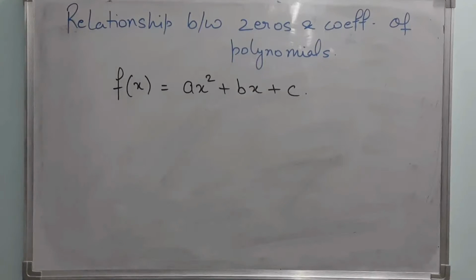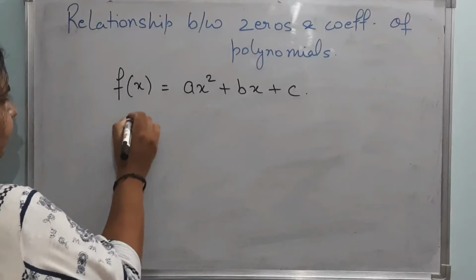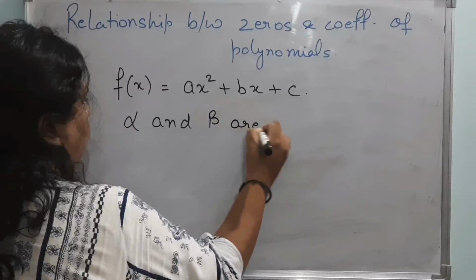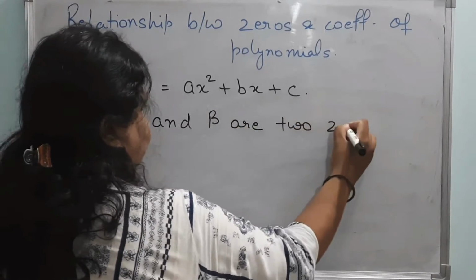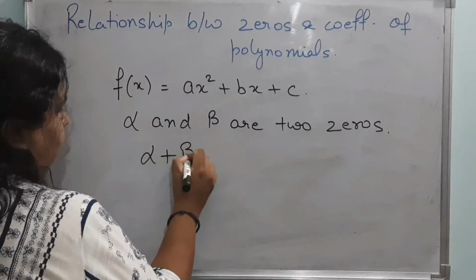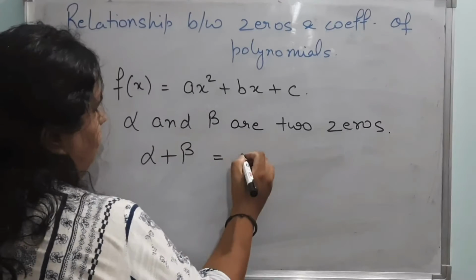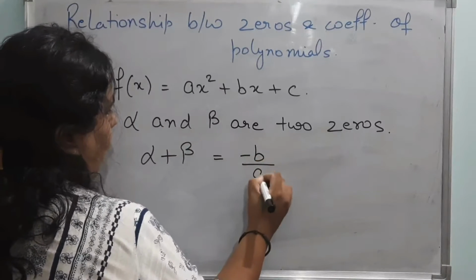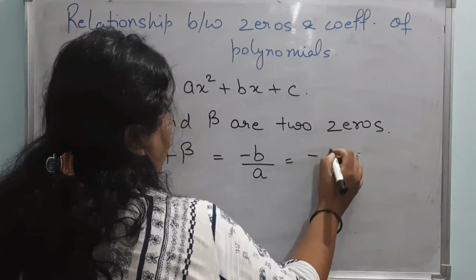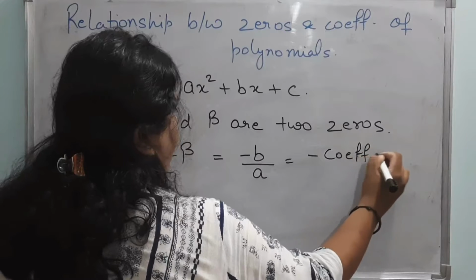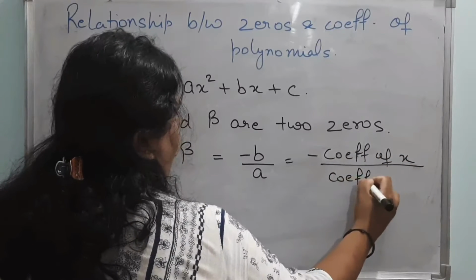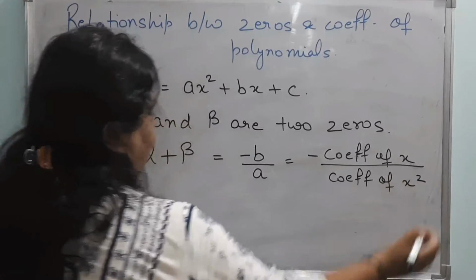If alpha and beta are the two zeros, then alpha plus beta, the sum of zeros, equals minus b on a, that is minus coefficient of x over coefficient of x square.